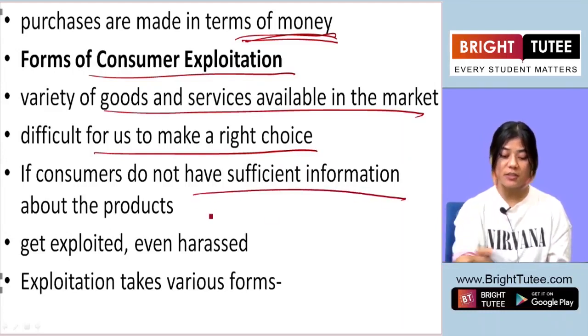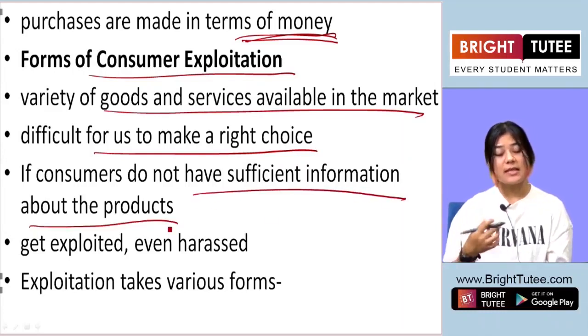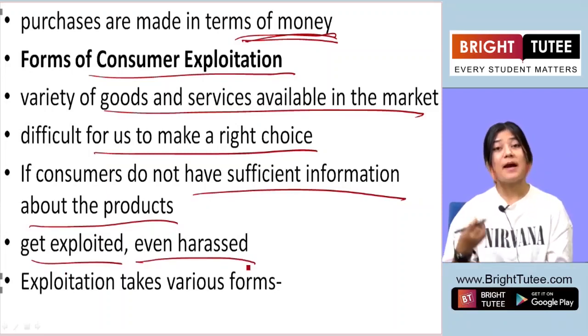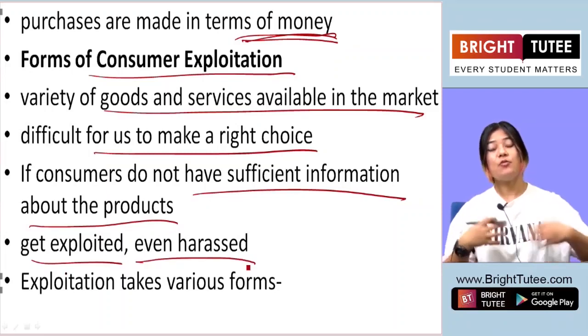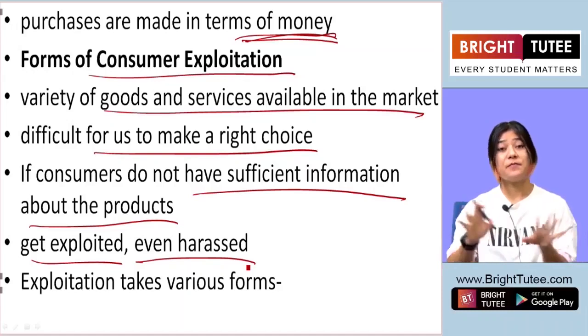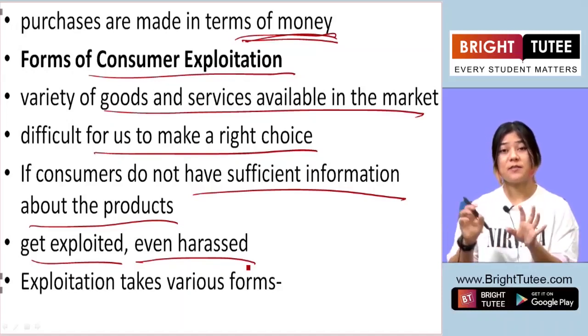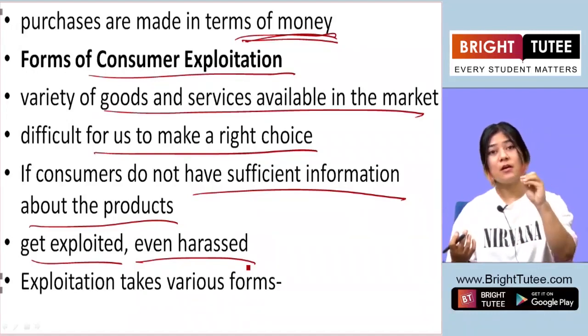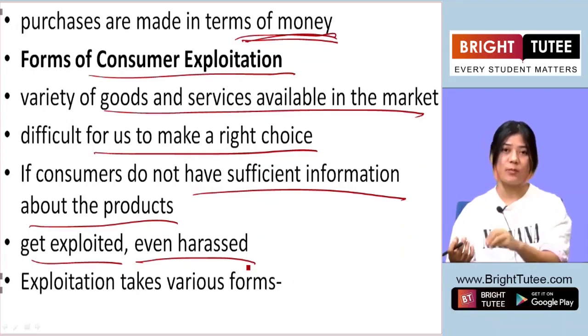And if the consumers who are going to the market to make the purchase do not have sufficient information about the products, they get exploited, even harassed by the sellers, by the traders, right? You go to buy a sweater. Now there are already so many choices, so many different varieties and kinds of sweaters available in the market, and it becomes so difficult for you to pick the correct one, to pick the best one, right?